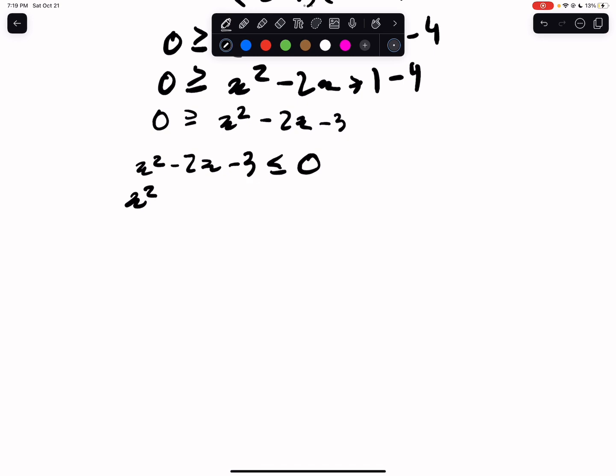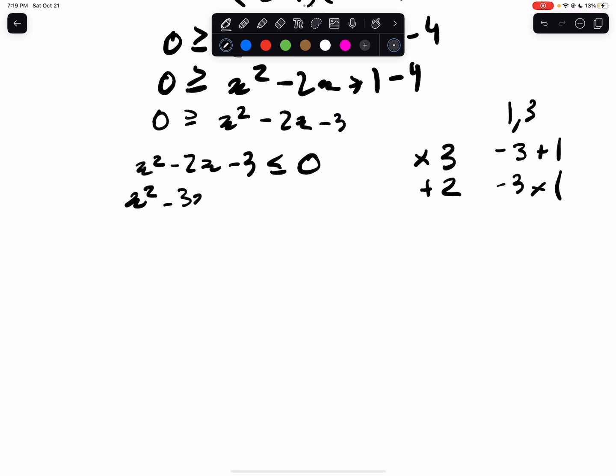So x squared, we need to find two numbers which when multiplied are equal to 3, but when added are equal to 2. Okay, so 1 and 3. So we can have minus 1 plus 3, or sorry, other way around. Minus 3 plus 1. And we can have minus 3 times 1. So let's take a look. So minus 3x plus x.